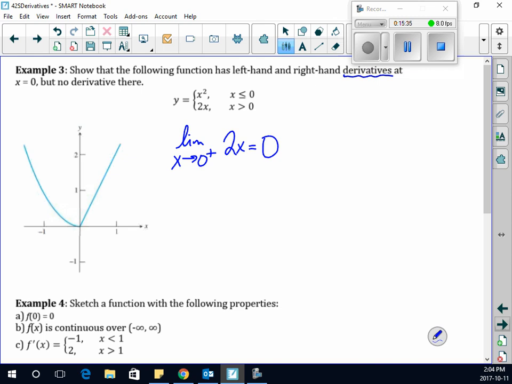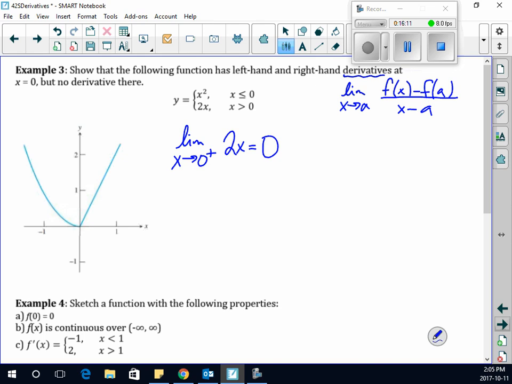But because I'm only testing 0, I can use the derivative at a certain point, which is defined as the limit as x goes to a of f of x minus f of a over x minus a. I apologize, I was doing it the wrong way at first. Do you remember that? For 0, it doesn't matter which way I switch them. This is 0, so x is going to go to 0 here.